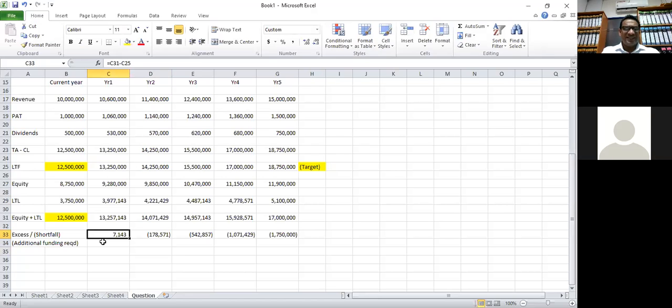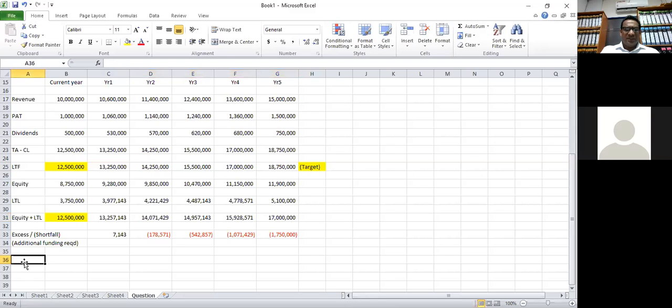But if you take years 2, 3, 4 and 5, it is exceeding the target. In all these years, these are the red years, if you want to maintain these ratios, equity and long-term liabilities will not be enough to meet your target.